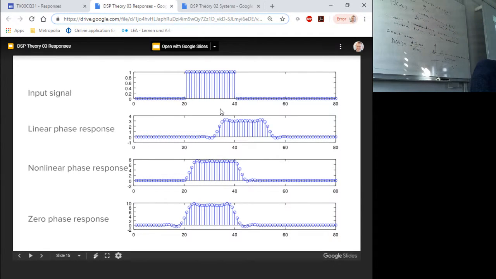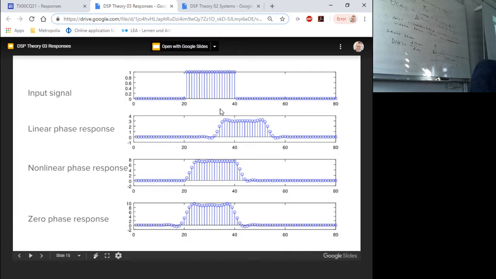Okay, a couple of examples. The input signal is a step, and the second one is a system with a linear phase response, meaning the output comes out symmetric. I told you only symmetric FIR systems have a linear phase shift. If you convolve the input signal with the impulse response, and the impulse response is symmetric, both edges have similar features, so the output is also symmetric in this case.